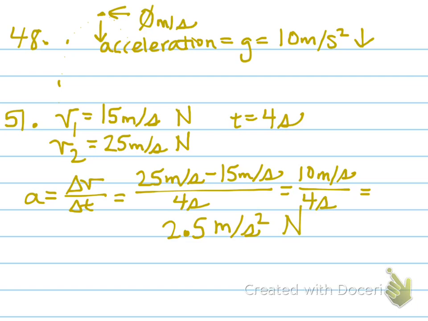And our last question is number 52. 52 says, an apple drops from a tree and hits the ground in 1.5 seconds. So time is 1.5 seconds. What is its speed just before it hits the ground? So we want to know its velocity. And again, we're dropping from a tree, so it has to be the acceleration due to gravity.